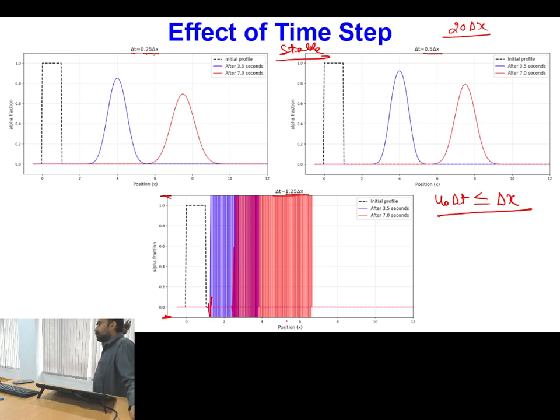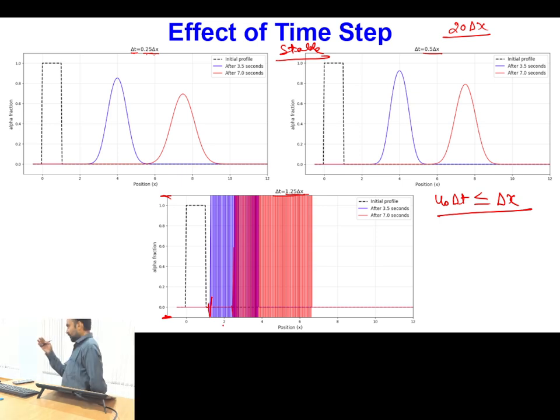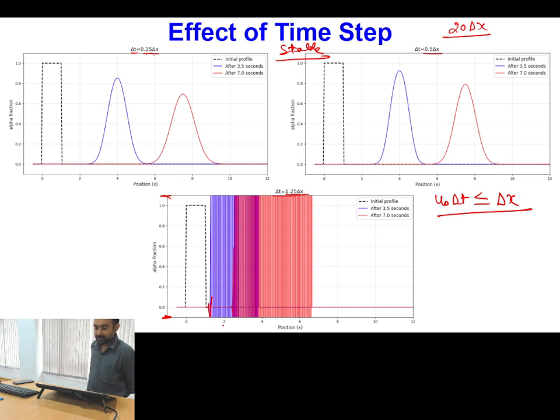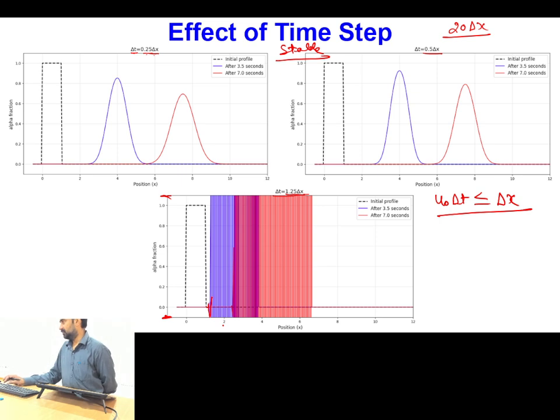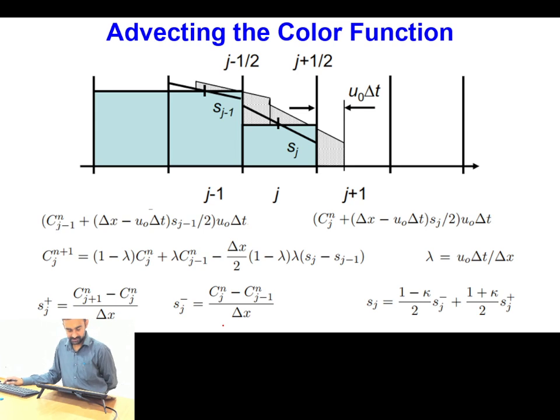Typically our volume fraction value should stay between 0 and 1, but you can see the solution is becoming unstable, unbounded, and going beyond the values of 0 and 1, and the nature of the solution is oscillatory. In one grid size it comes out very small, and in another grid size it increases significantly. So here we can see that by changing the time step, the concept of stability and boundedness of the solution can be established.